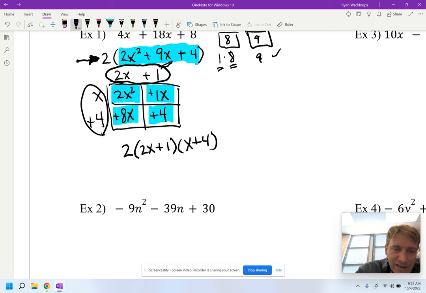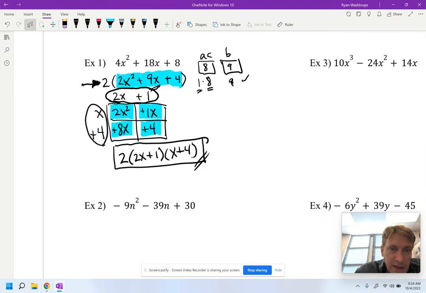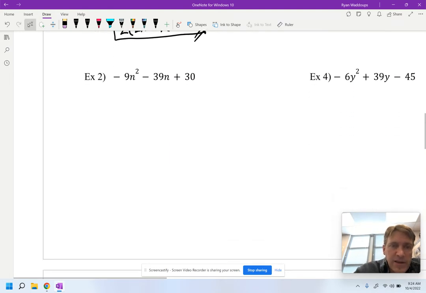So I need to put it in as a factor as well. So it's 2 times 2x plus 1 times x plus 4. So once you've factored out your GCF, then you need to make sure you put it in at the end. All right, let's look at example 2.